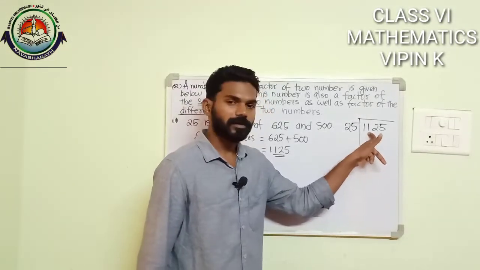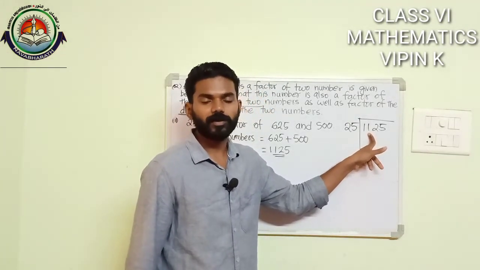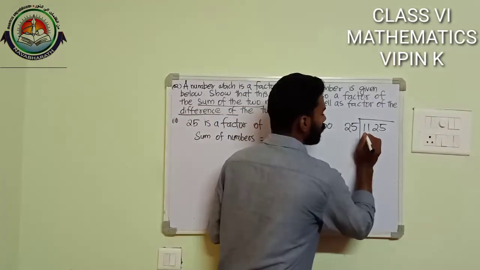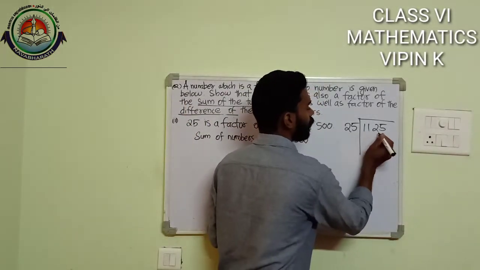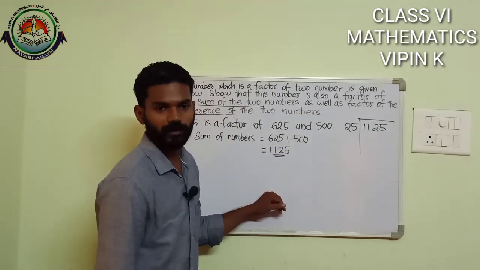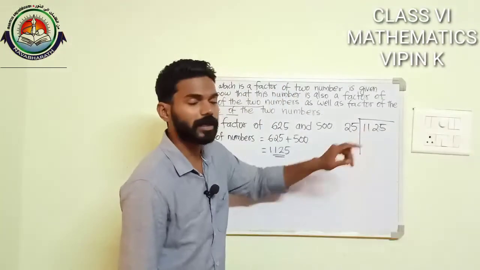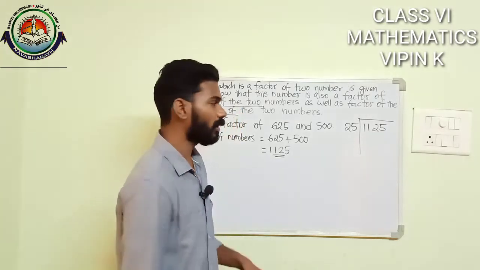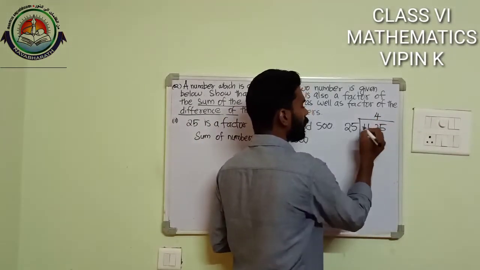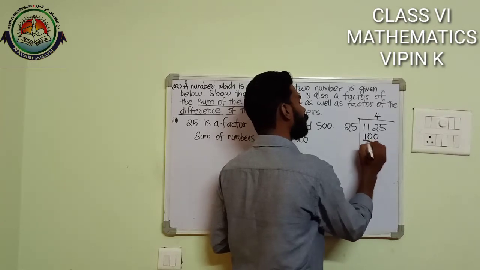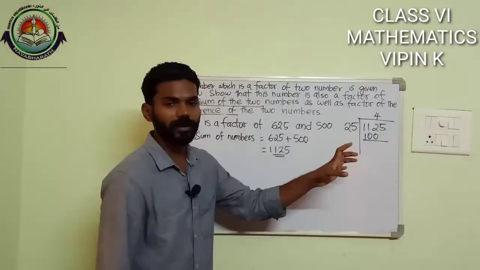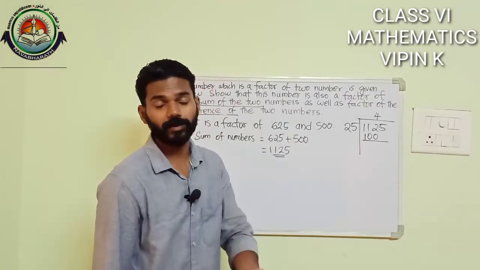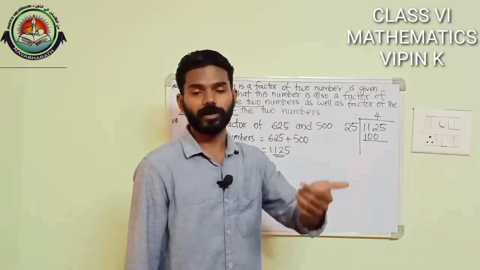On 11 there would not be 25. So we can consider the first three digits, 112. And out of 112, there would be 4 twenty-fives, because 4 twenty-fives are 100. If it is 5 twenty-fives, then it would become 125.